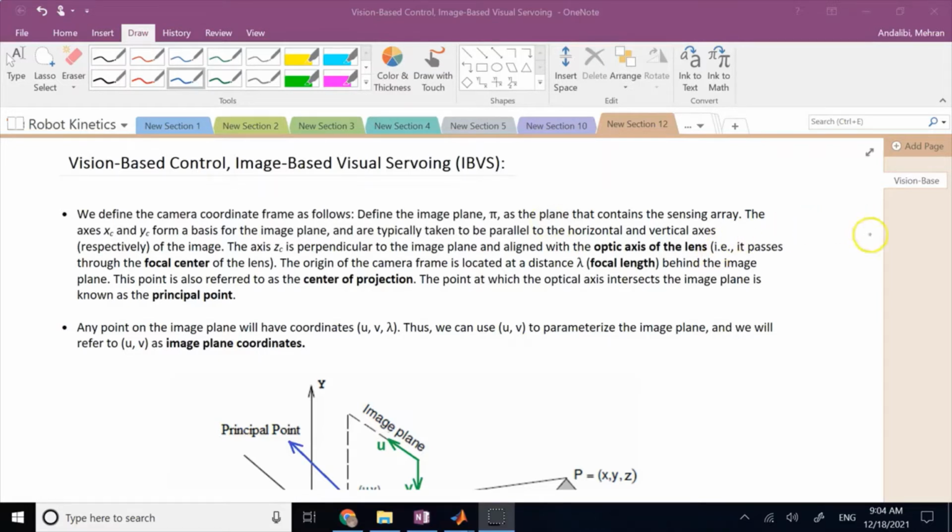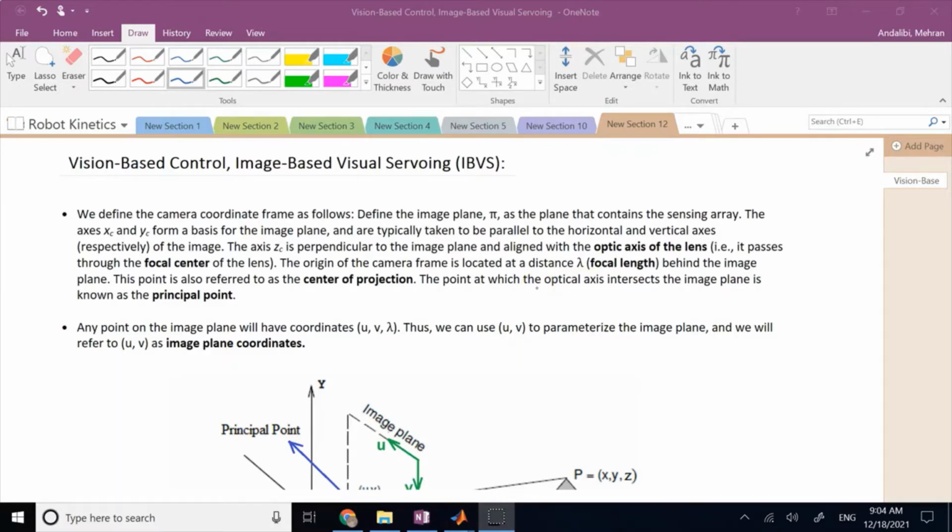Let's say the goal is to do a pick and place, or pick something on the assembly line. If you want to correct the end effector orientation or location, one of the things you can do is take advantage of the cameras.